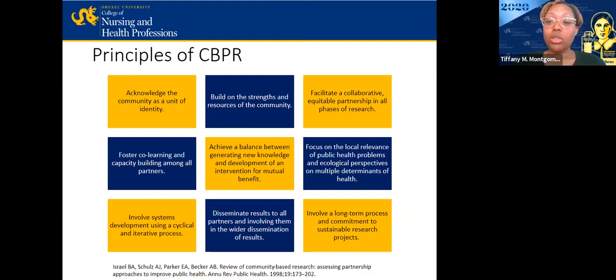So we want to focus on the local relevance of public health problems. This is really important because community-based participatory research is not always something that is generalizable. In a sense, it is. Whatever construct you're dealing with, whatever issue you're dealing with in the community, I'm sure it's happening in other communities as well across the nation and maybe even the world, but you're dealing with a specific community, specific people within that community.